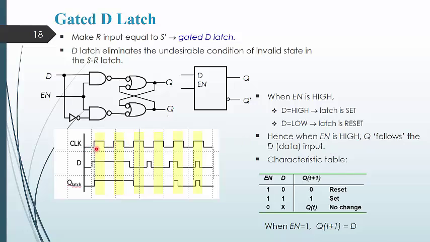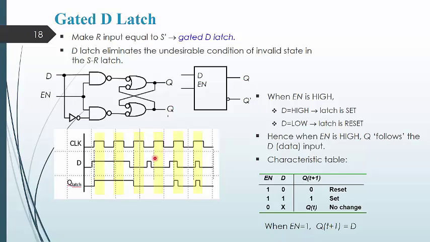Suppose I observe the active high level. At the active high level, the latch checks the D value. If the D value is high, the Q output is also high, and this changes when the value of D changes at the high level.